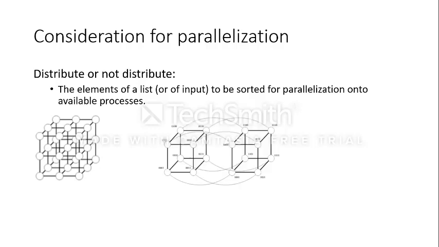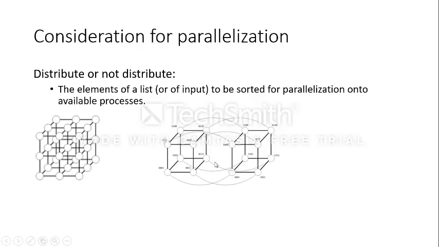Similarly, if we have a four-dimensional mesh with 16 nodes, and we want to sort, suppose, 100,000 values, then the 16 elements will not be enough, because I cannot assign a single element to each node of this hypercube.